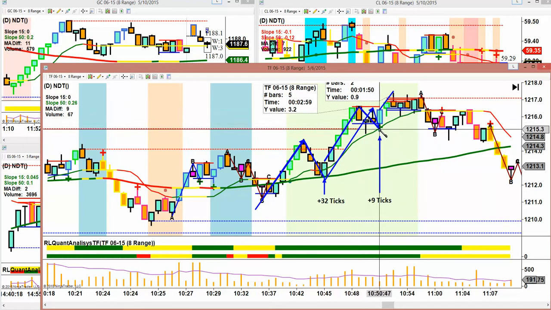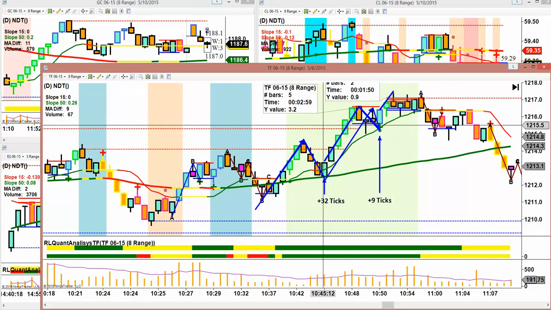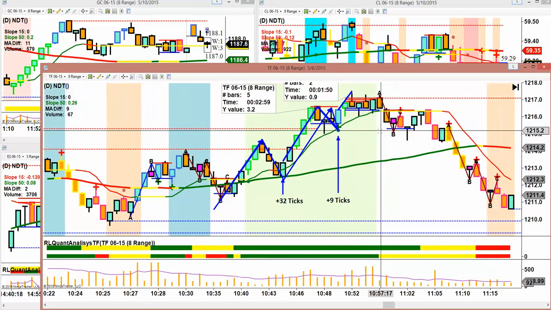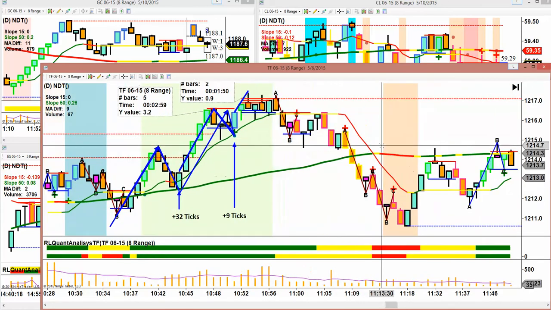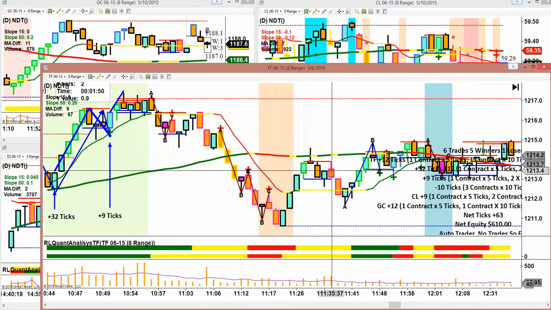Then we had a retracement back into support, and I took it back up again for 9. So in this move, we got 40 ticks. And these are real trades. These are not if or maybe trades. This was a short on a yellow quant, so it was a no take.